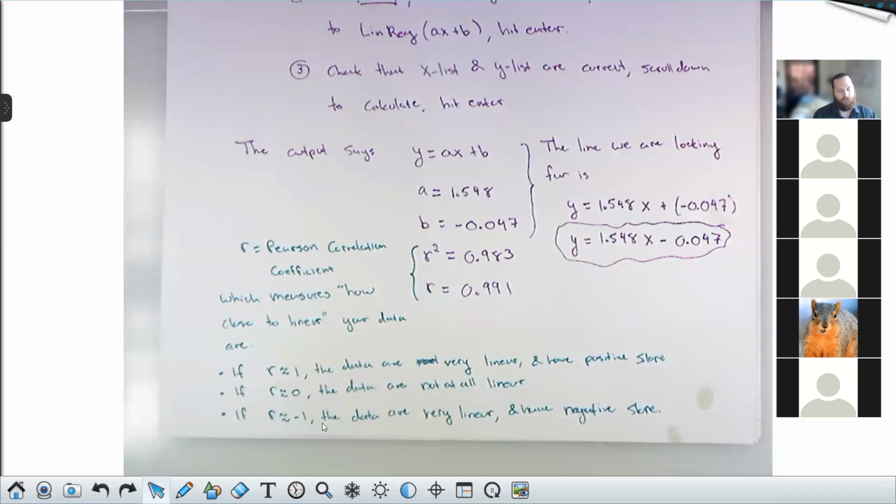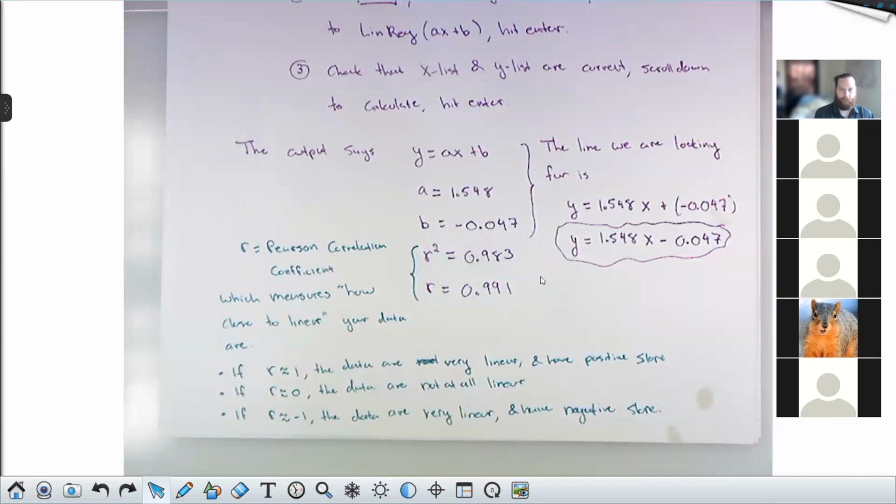R squared is just another tool for measuring linearity, but since you square, right, this number is literally the square of this number. Take this number, multiply by itself, you get this. Squaring R just makes it positive, right? So if R squared is really close to 1, then your data is very, very linear.